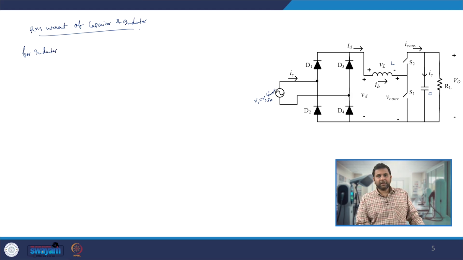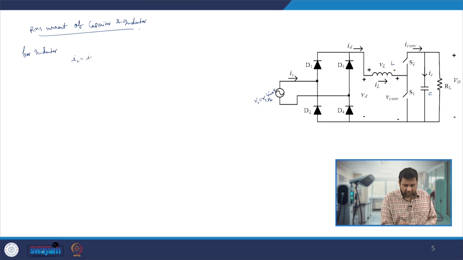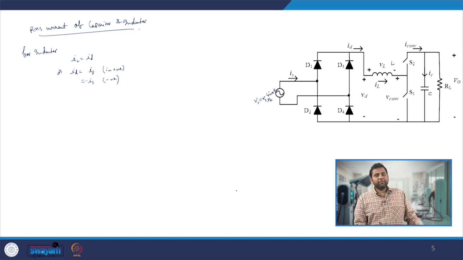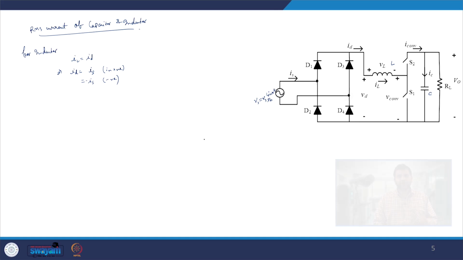Since the current flowing through the inductor IL is equal to ID, and this ID is equal to Is in the positive half cycle and equal to minus Is in the negative half cycle, in magnitude both ID and Is are nearly the same.